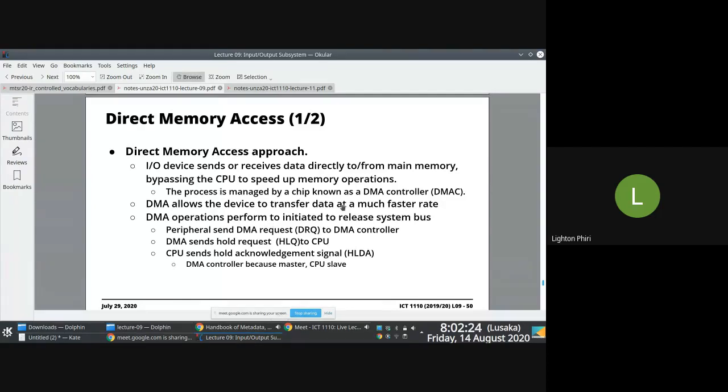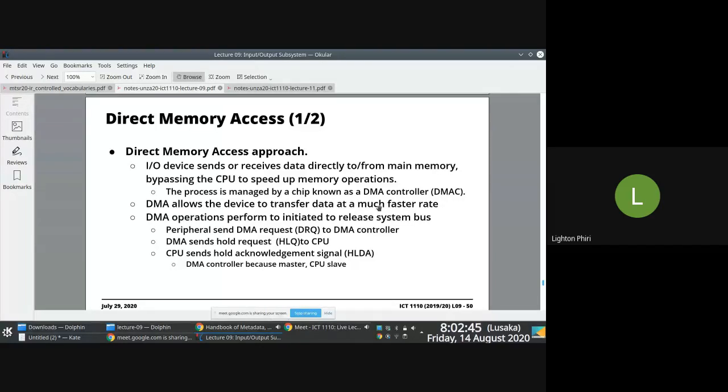So the idea really here is to send a request to the CPU so that you gain access to the address bus. What you're interested in is memory. Before you can gain access to main memory, you have to signal to the CPU that you need access to main memory.